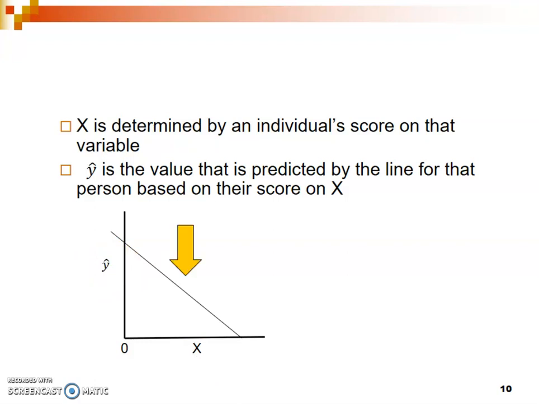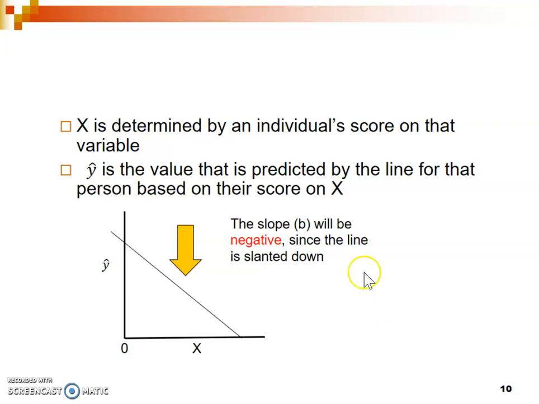In this example, the line is sloping downward. So in this case, we would have a negative slope since that line is going down. If the line was going up, then your value for b, which represents your slope, would be positive. In this case, though, our line is slanting down, so we would have a negative value for b, or a negative slope.